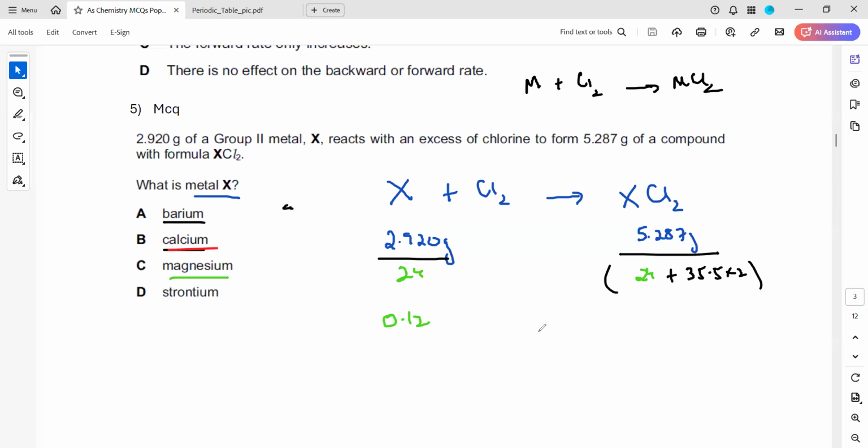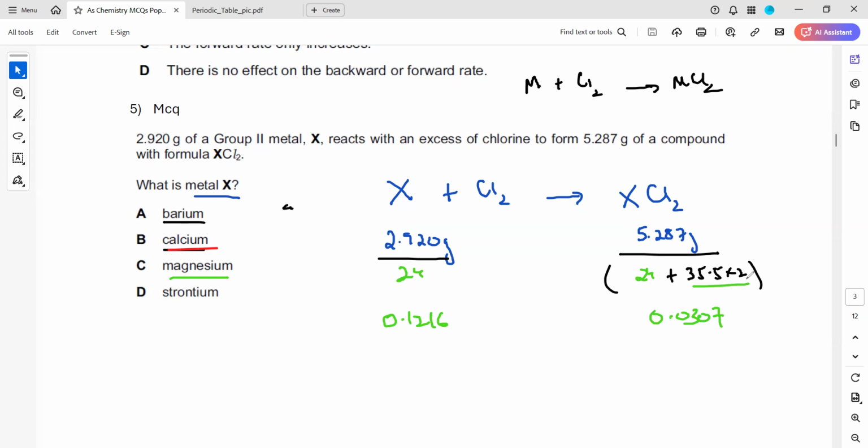So this was 2.920 divided by 24, which was 0.1216.